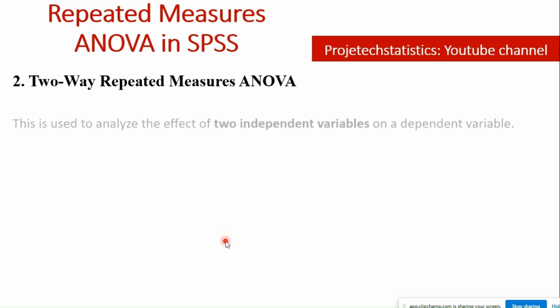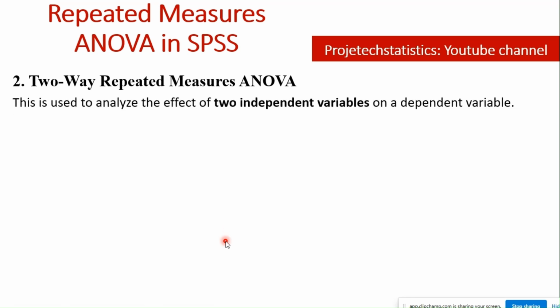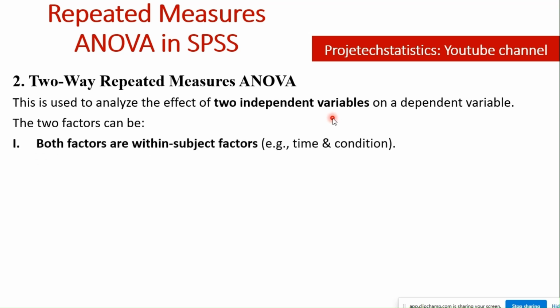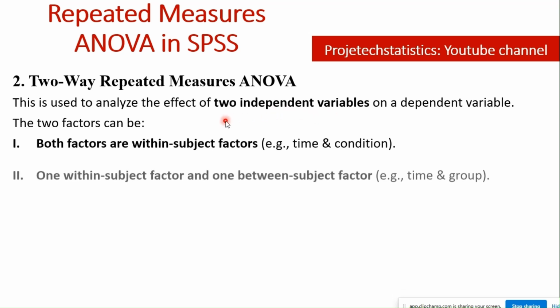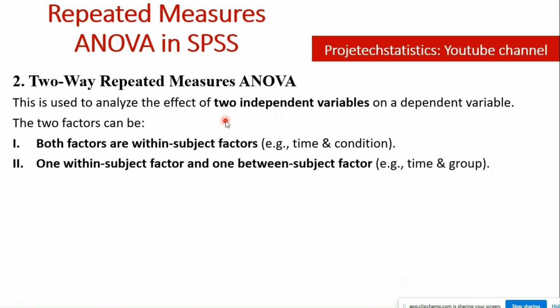Now let me take you to the two-way repeated measures ANOVA. This is used to analyze the effect of two independent variables on a dependent variable. Two-way repeated measures ANOVA is when your independent variables are more than one.